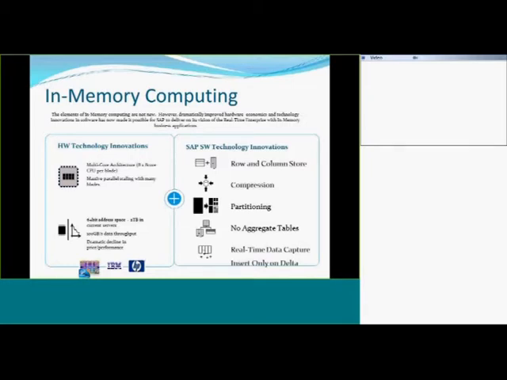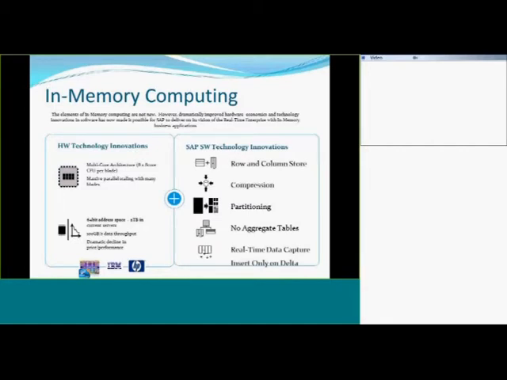You are probably aware of what technology innovations have happened. Previously, data used to get stored in row format. Now there are ways of storing that data in column format. Lots of compression techniques have evolved.